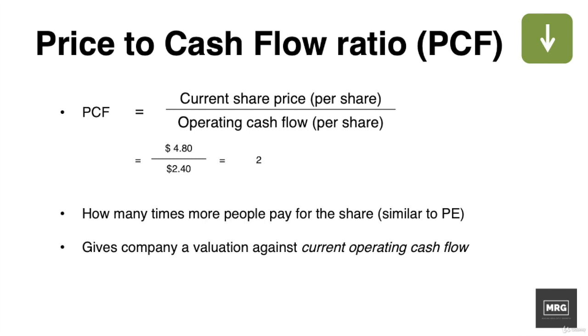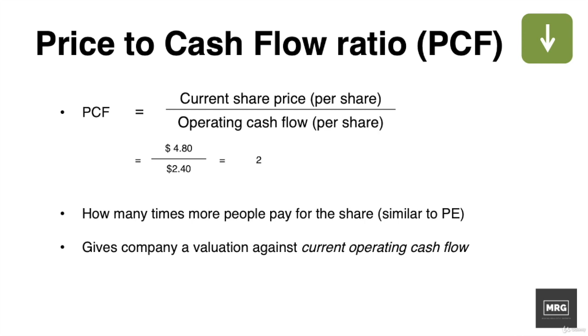Investors want to know, based on the share price today, how much cash are you generating or getting into the company. So for this instance, PCF, share price of 480, operating cash flow per share is 240, you will get a PCF of 2.